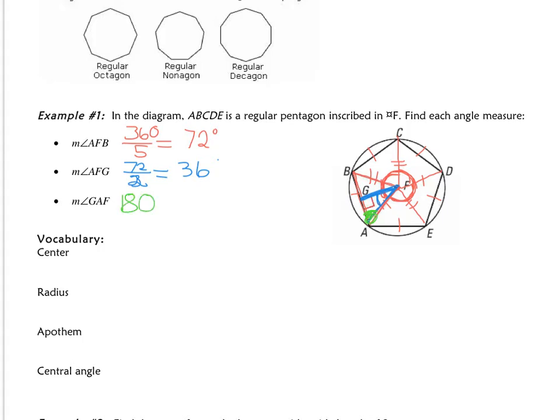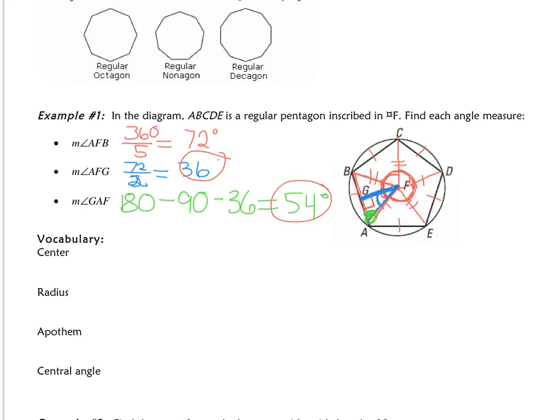So I take 180 minus 90, because it's a right triangle, minus that blue angle, 36, and I would get a value of 54 degrees. All right, so keep in mind this angle and this angle plus 90 should add up to 180. They do, so I know I did this correctly.